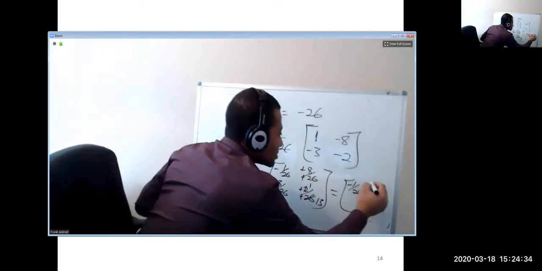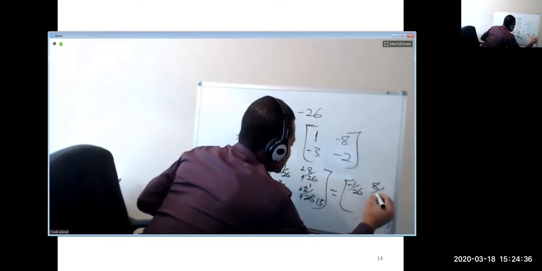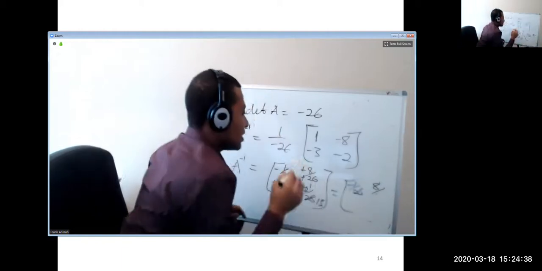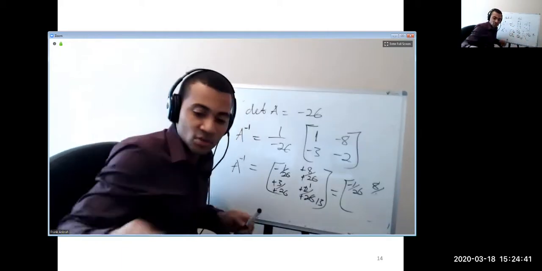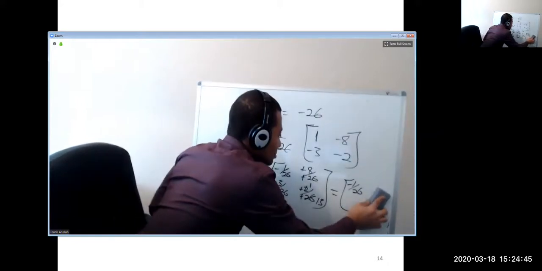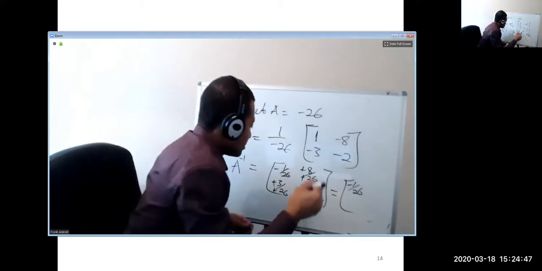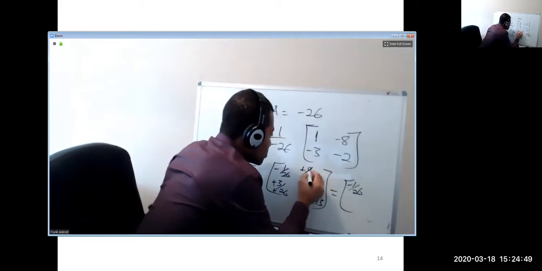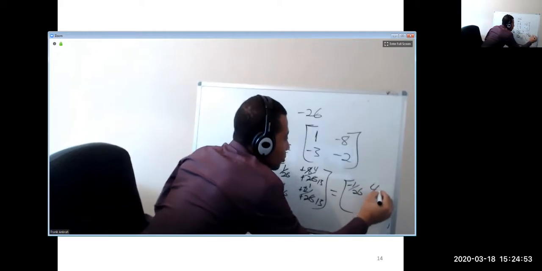Okay, so that's not going to work. So we have 8 over 26 here as well, 8 divided by 26. We could have reduced that to something lower. So 2 could go into here 4, and 2 could go in here 13. So that would be 4 over 13.